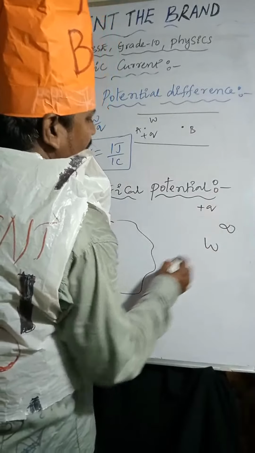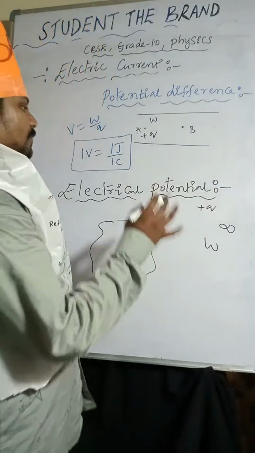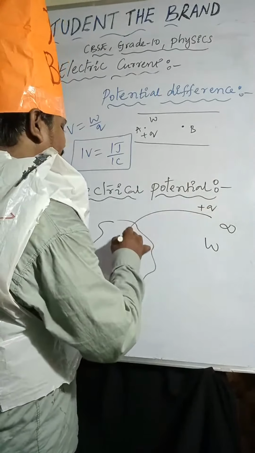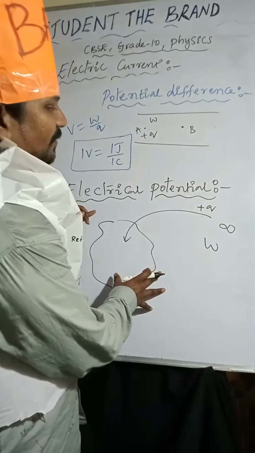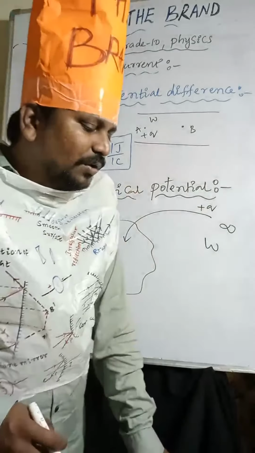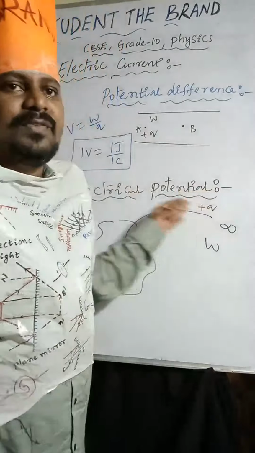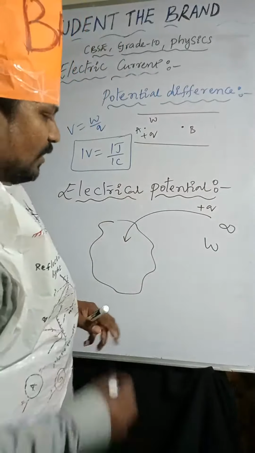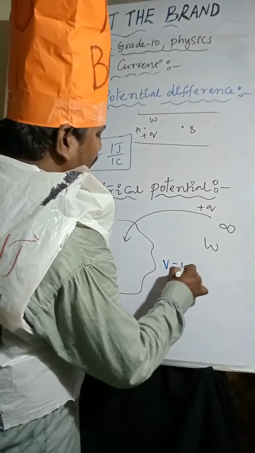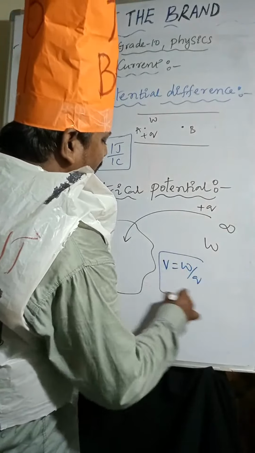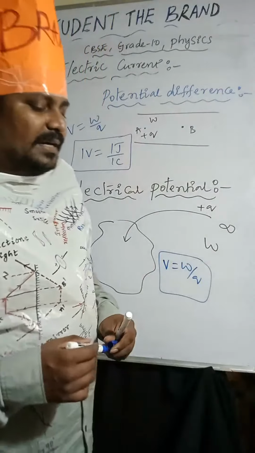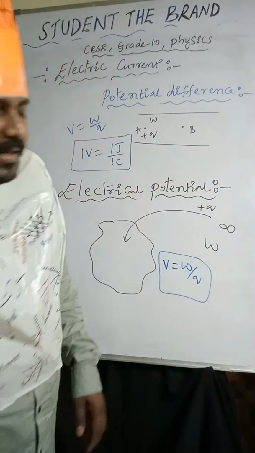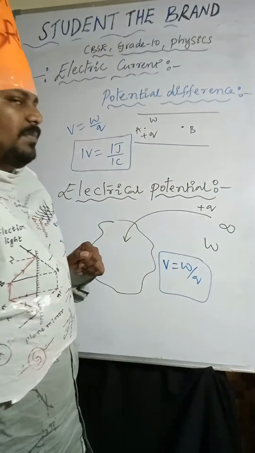We are doing some work to bring unit positive charge from infinity to the required field. That is called electrical potential. So V equal to W by Q, the same V equal to W by Q we are considering. Now the electrical potential and potential difference are completed.